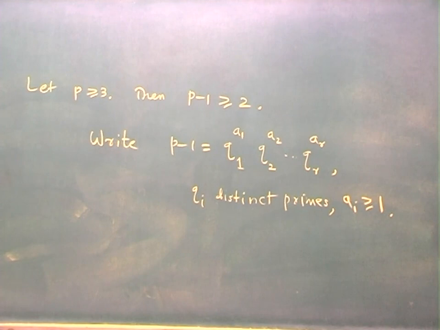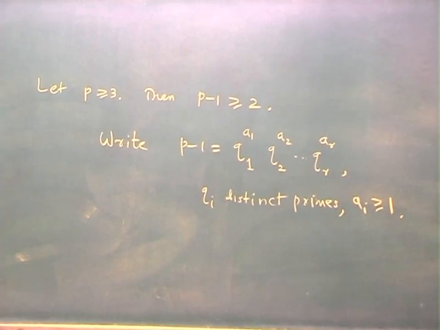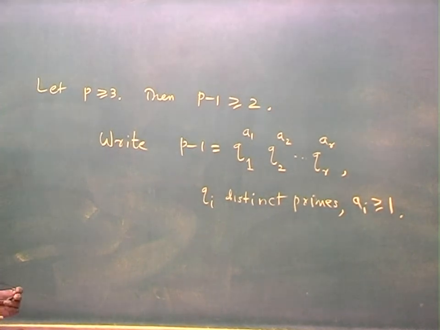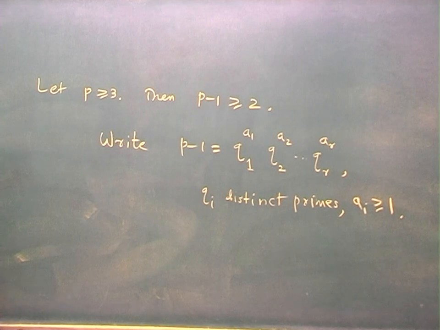Now, Qi raised to Ai is a factor of P minus 1. Therefore, we can find many elements of order Qi raised to Ai. How many? Qi raised to Ai minus Qi raised to Ai minus 1. That many elements you can get whose order is Qi raised to Ai. So you get at least one. That's the point.